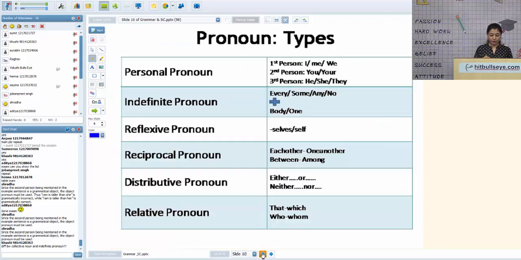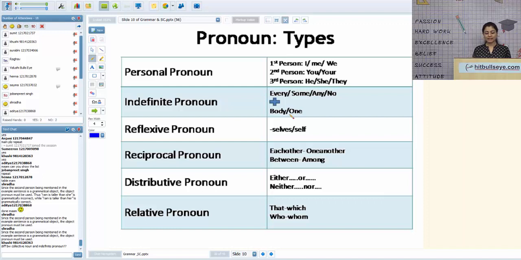Khushi, let me take you back to the slides where we are talking about indefinite pronouns. So indefinite pronouns, we are using for or instead of a group of people. Collective nouns are not just used for people, but they can be used for objects as well. Right? So for collective nouns, I will say things like a pack of cards or a herd of sheep or a school of fish, things like that, or a bunch of keys.